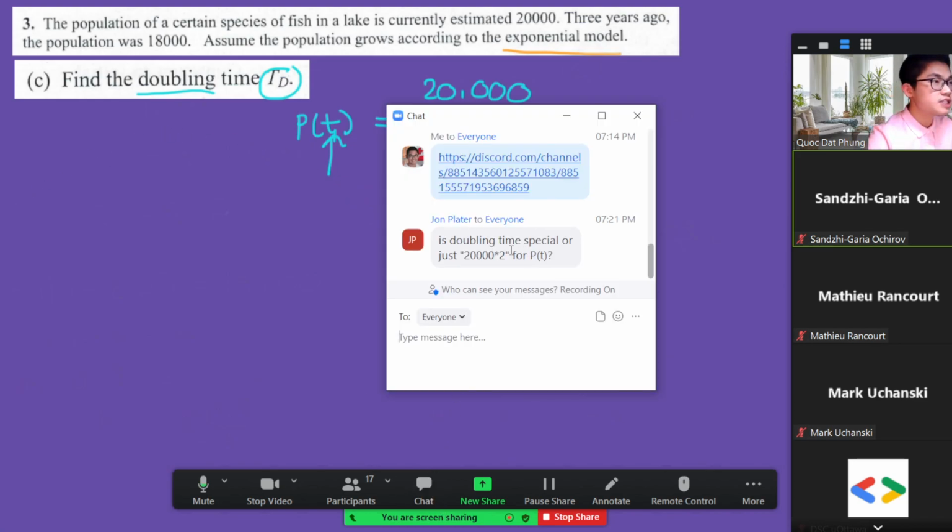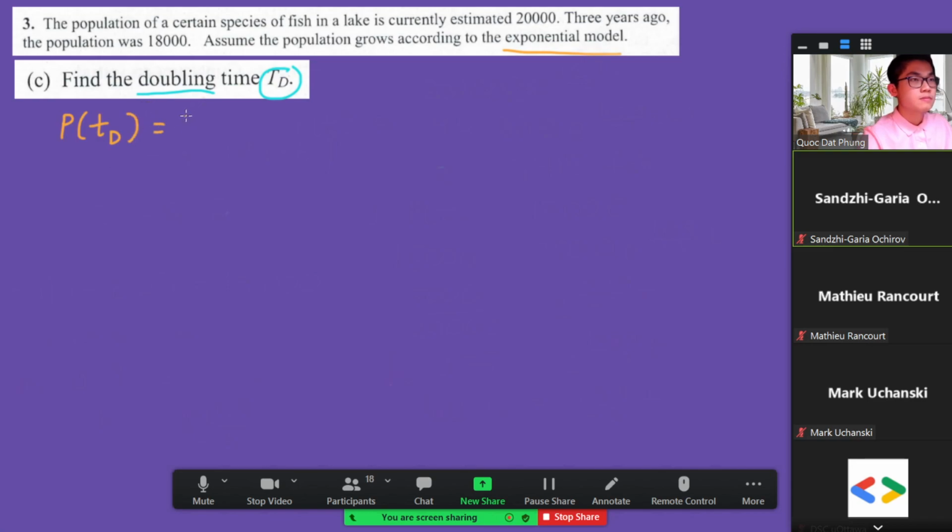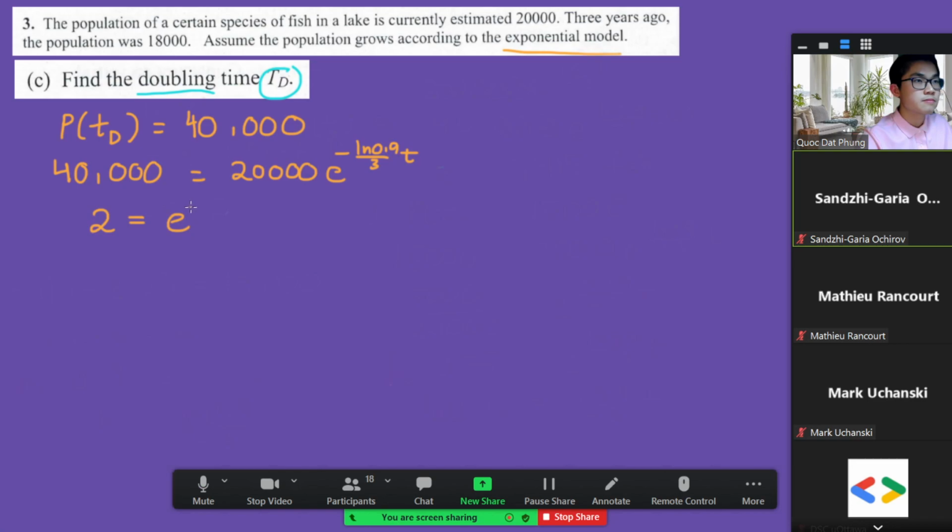Yeah, so in the chat, it is just 20,000 times 2. Now, all we have to do is solve for this. We divide both sides by 20,000. And then we take the ln on both sides.